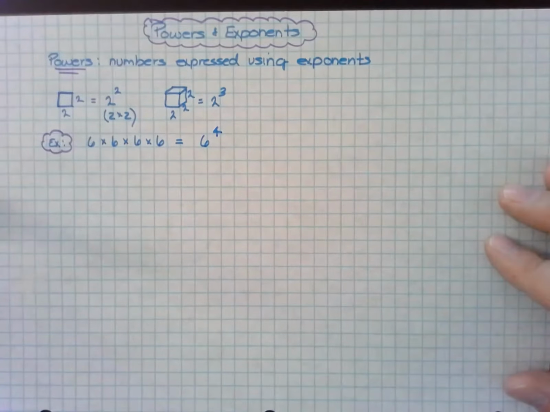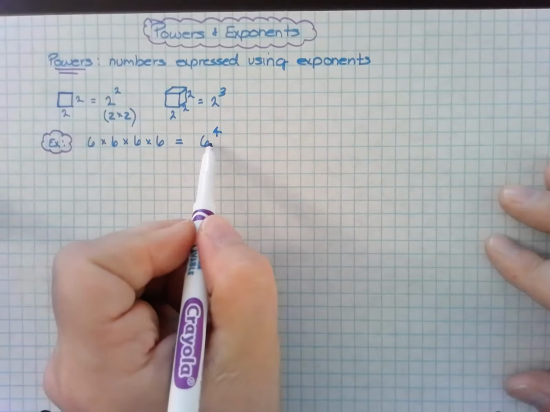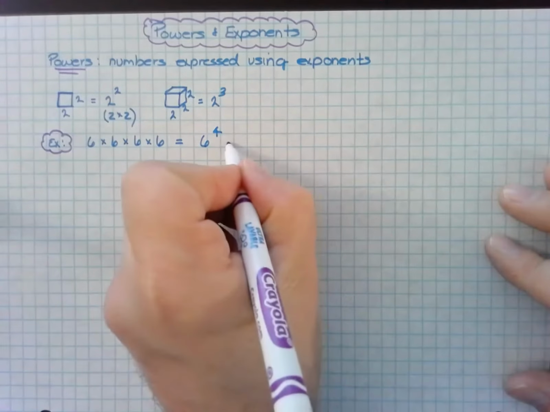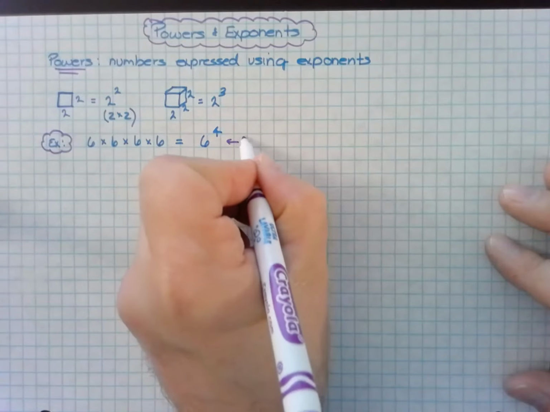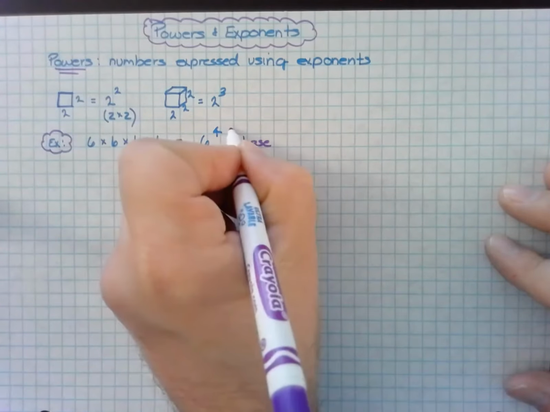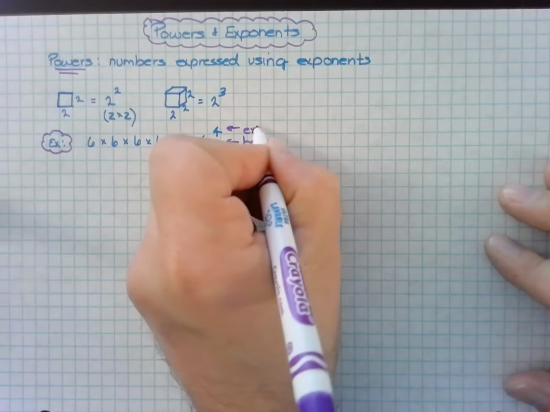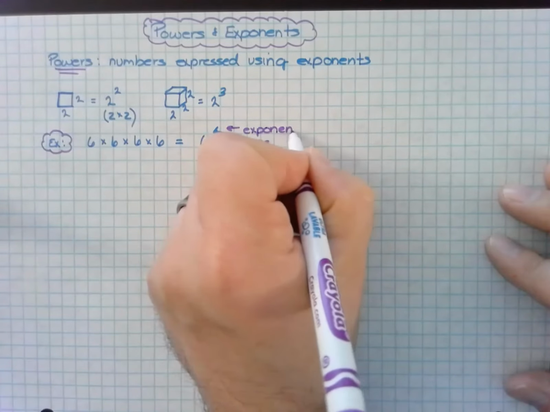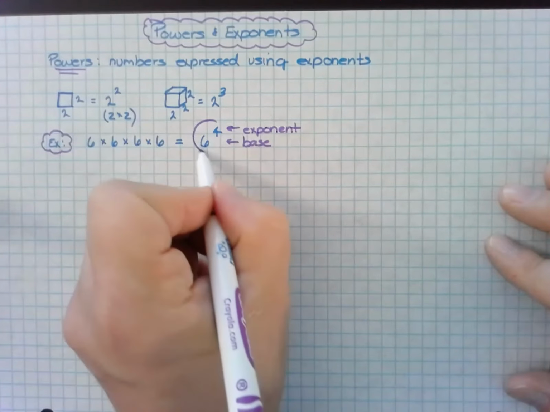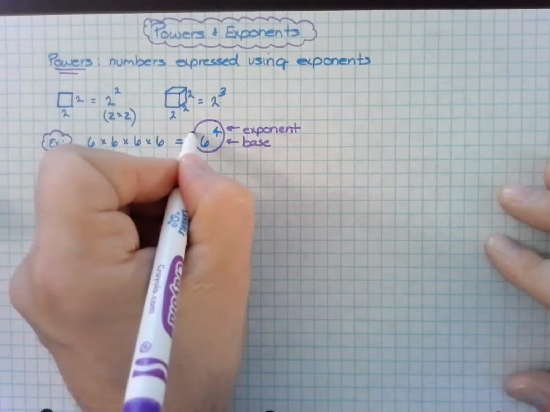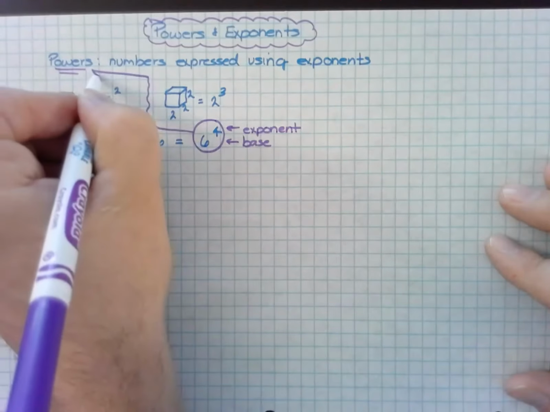That means that this is repeated multiplication 4 times. So this is my base, and this is my exponent. This whole thing is called my power.